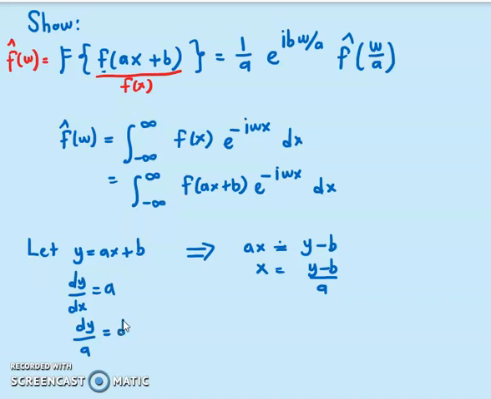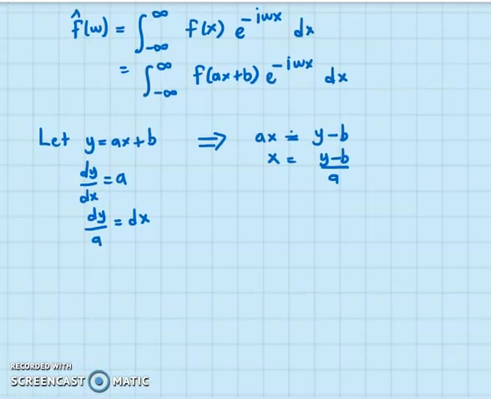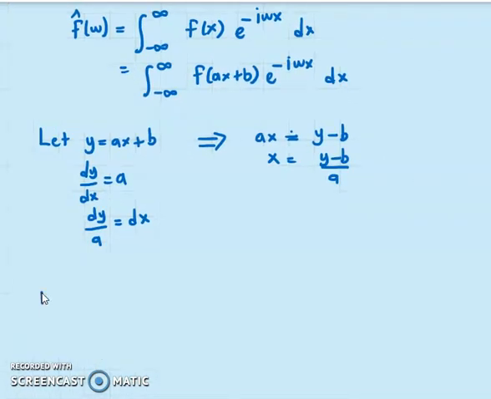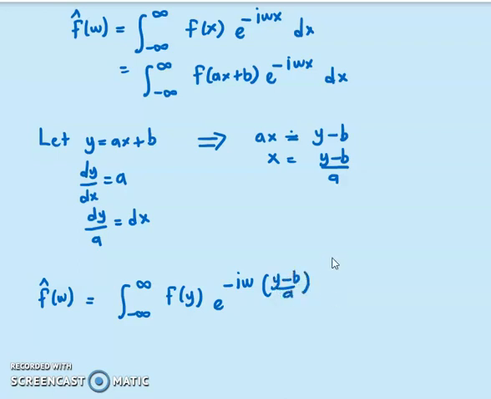Once you've done that, you put it into this integral. So we have f hat omega equals the integral from minus infinity to infinity of f(y) e^(-i omega (y minus b)/a) dy over a.